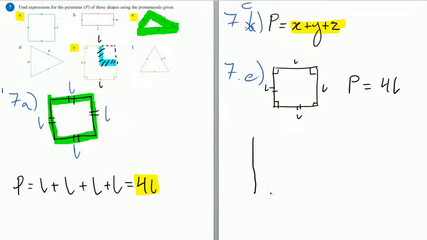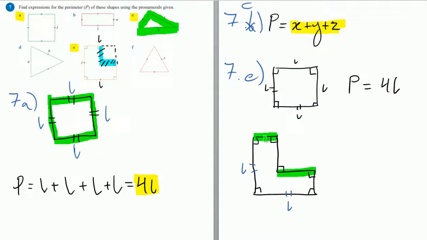Another way to do it, if I draw it again: if this is my drawing of my shape, and I had a right angle here, right angle here, right angle here, one here, one here, and one here. If that's the drawing of my shape and this was L and this had to be L as well, what I could do is take a look at this side plus this side.